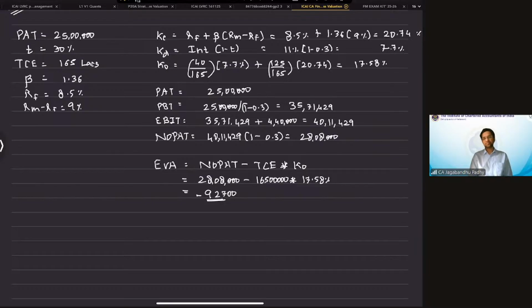Correct, guys? Let's check. Are you all getting this 90,700 EVA negative?